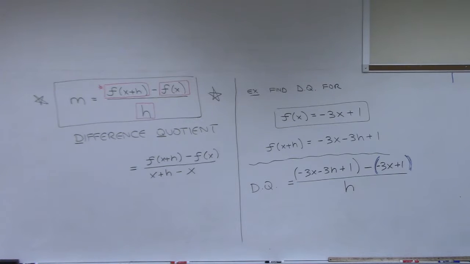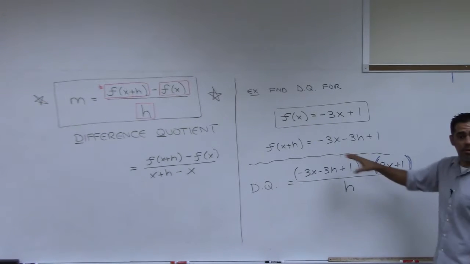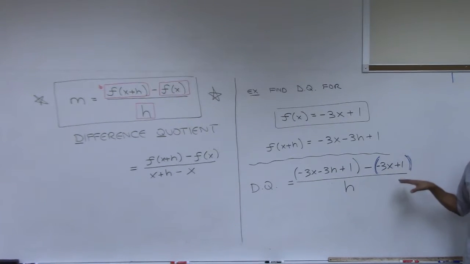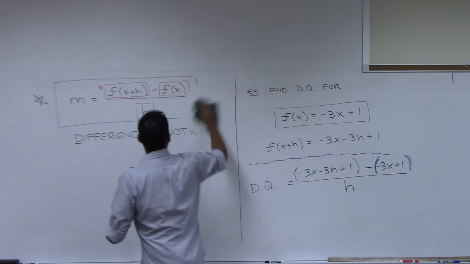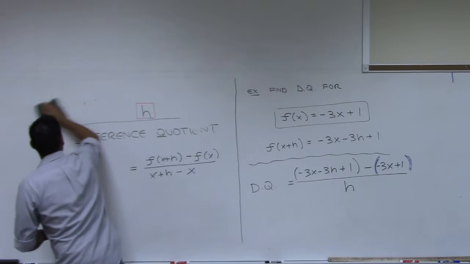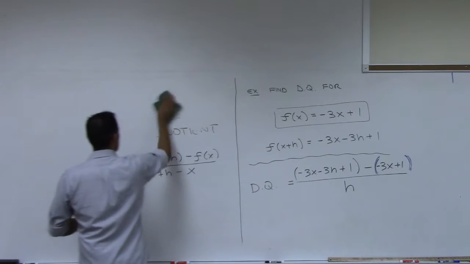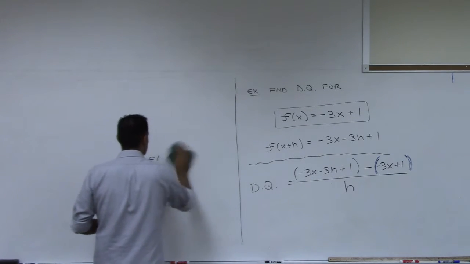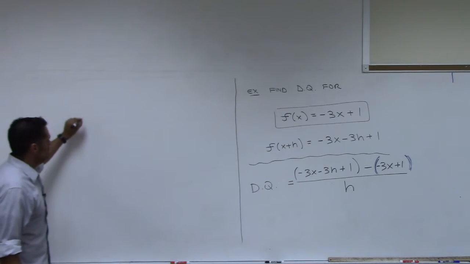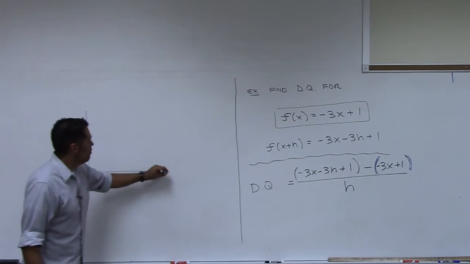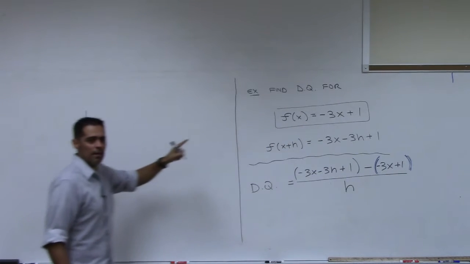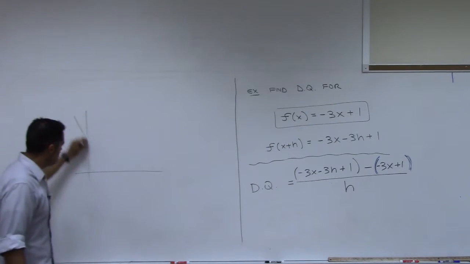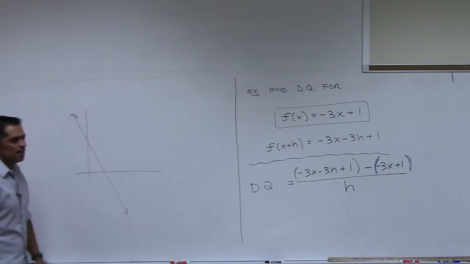It's not done. We have to clean it up. But does everyone understand the pieces of the difference quotient here? Okay. Does anybody have a guess as to what the answer to this is going to be? What is this if I graph that? That's the original function, right? If I graph it, isn't that a line with the slope of negative 3? Like this?